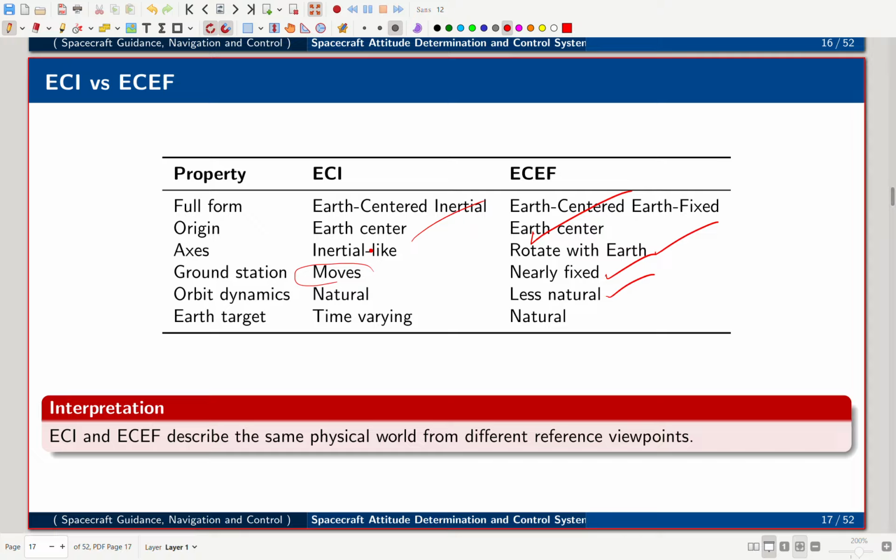Orbital dynamics generally use ECI, while Earth targets are time-varying in ECI but natural in ECEF. So ECI and ECEF describe the same physical world from different reference viewpoints.